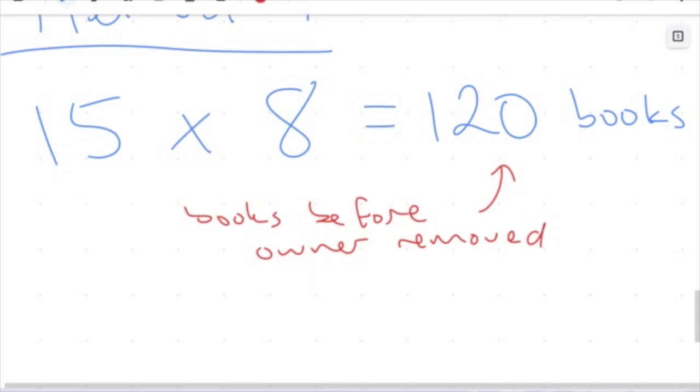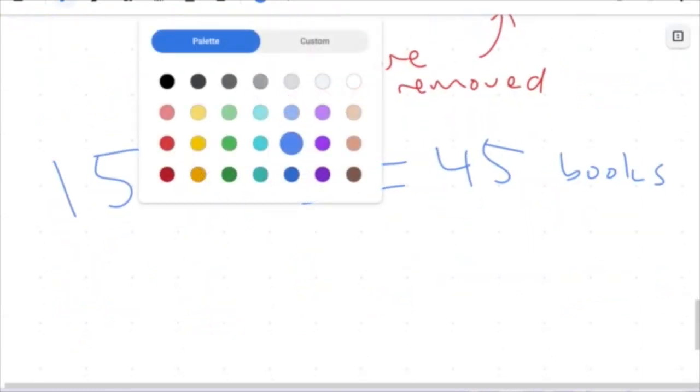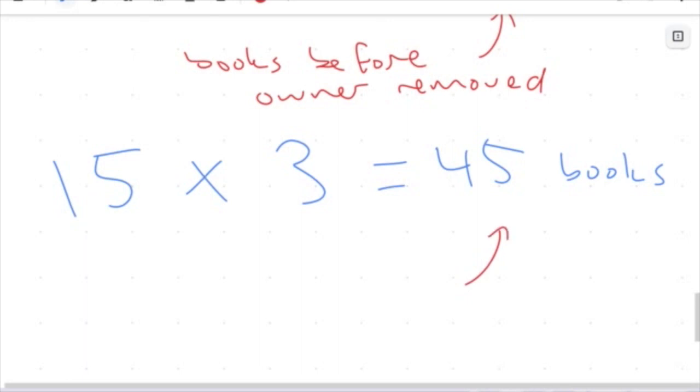So once again, we are going to multiply. So we're doing 15 times 3. That's going to give me 45 as an answer. So 45 books. And this here is the books removed.